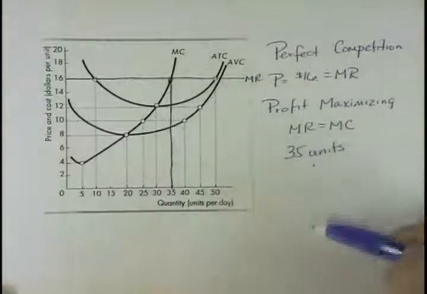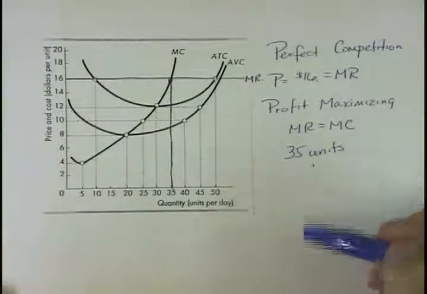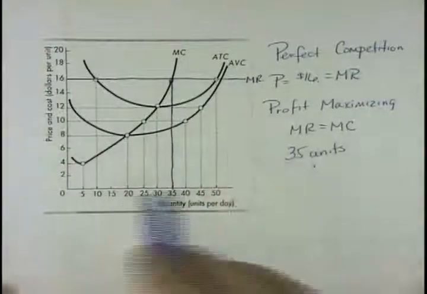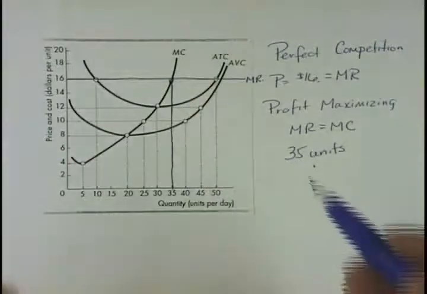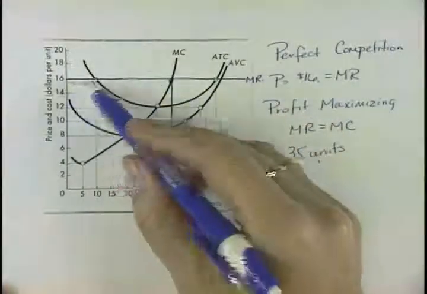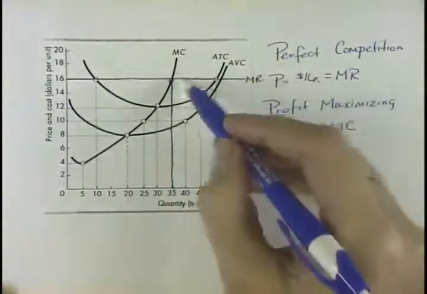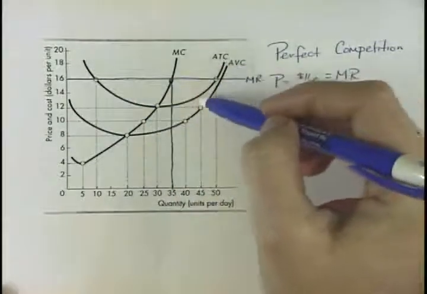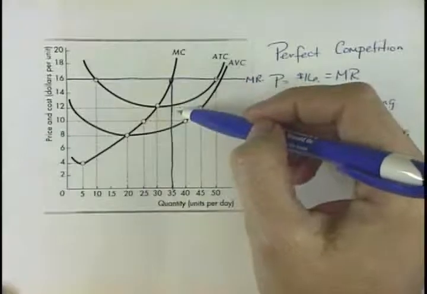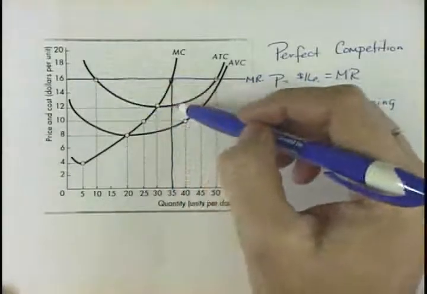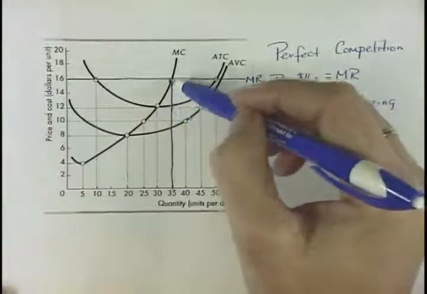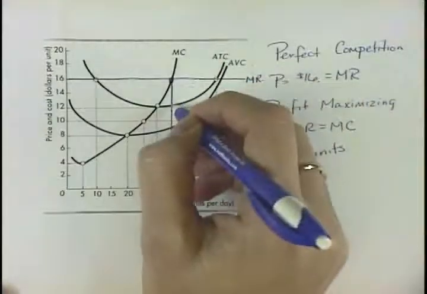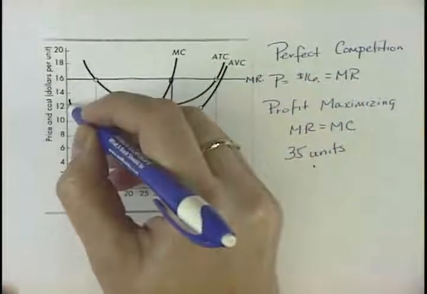Now, is this firm in economic profit, economic loss, or are they earning zero economic profit? Well, this line tells us how much we're earning per unit, $16. This ATC curve, the average total cost curve that we learned about in Chapter 11, tells us what each unit costs us to produce. So I'm getting $16, and right here, if we pull this over, it's a little more than $12.